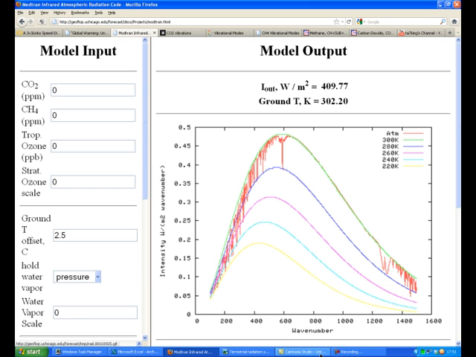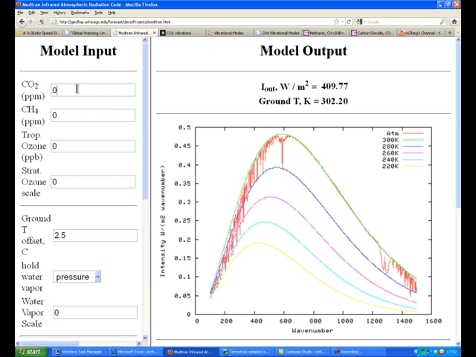For example, if we look at a wave number of 800 and we go up, it's about there, and then we go across, so we can see at a wave number of about 800 the energy leaving planet Earth at 70 kilometers above the ground would be about 0.41 watts per square meter.